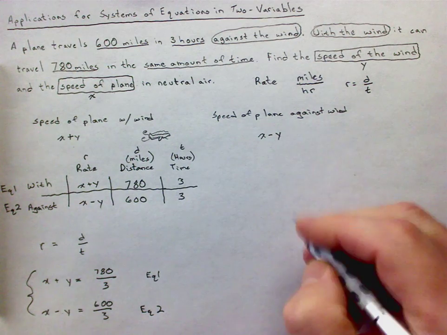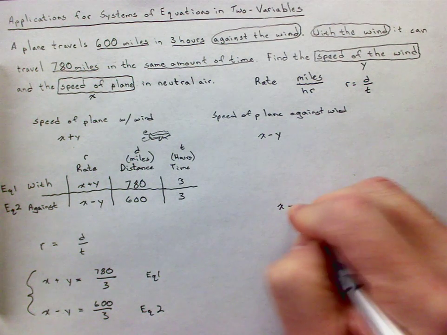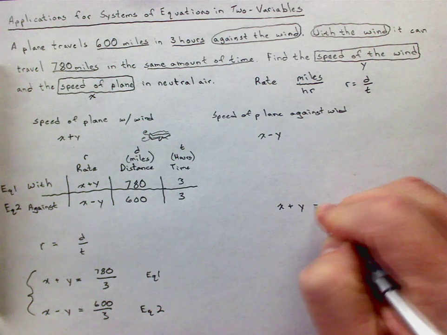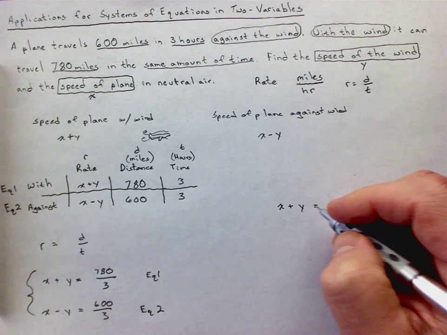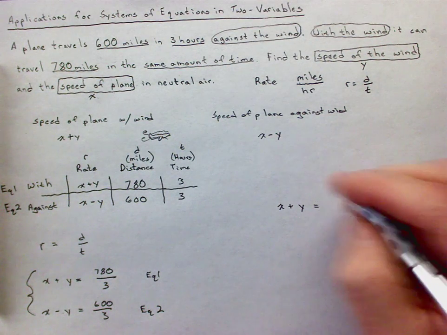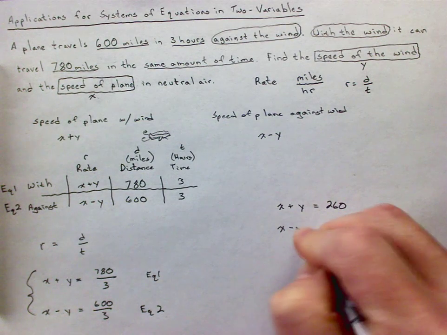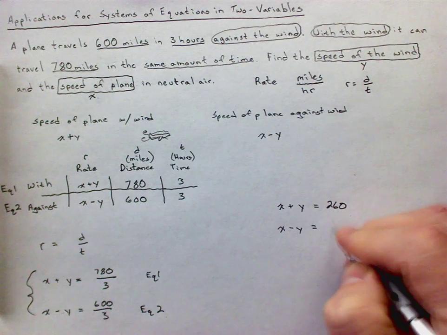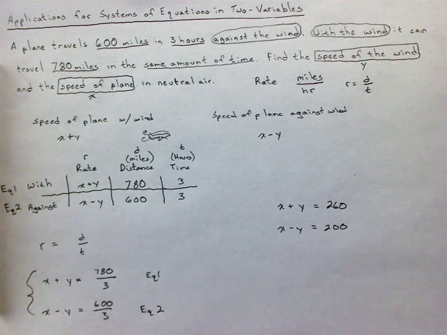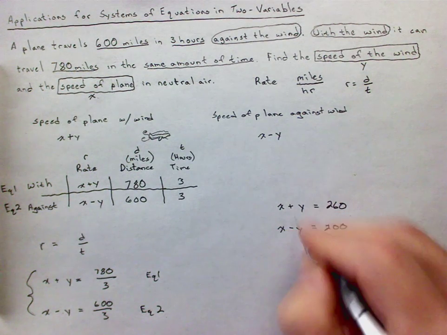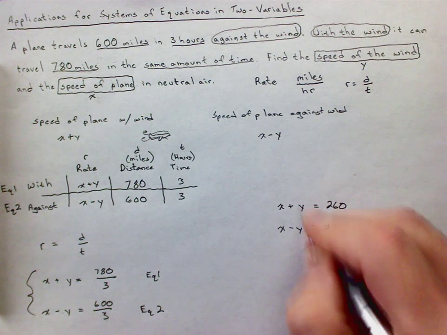I've set up my system of equations. Now I simply need to solve. 3 will go into 780 how many times? 260. And 600 divided by 3 is 200. Now I'm going to add them together because I have opposite signs on the same variable.